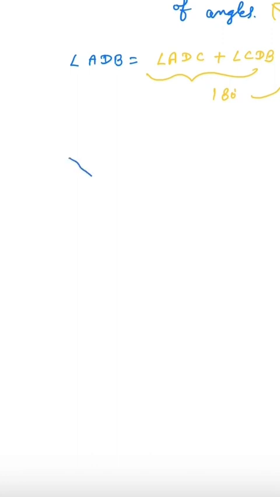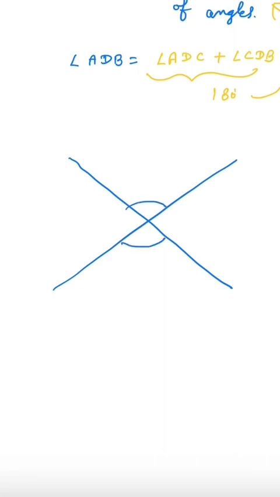Now, if we have angles like this, let's say this is x and this is y, then x and y are vertically opposite angles.